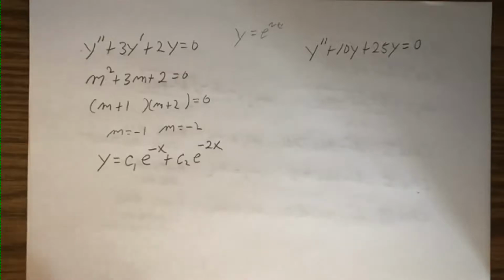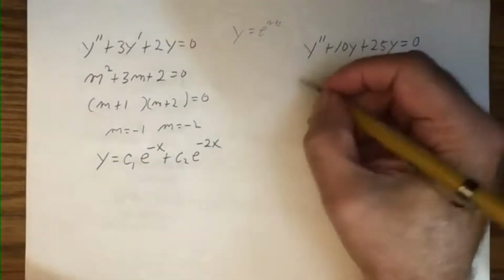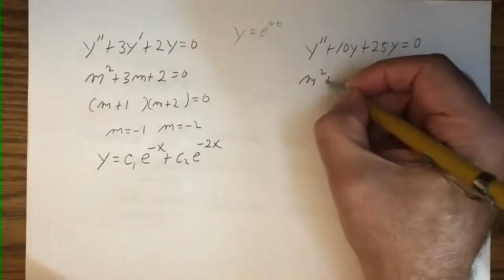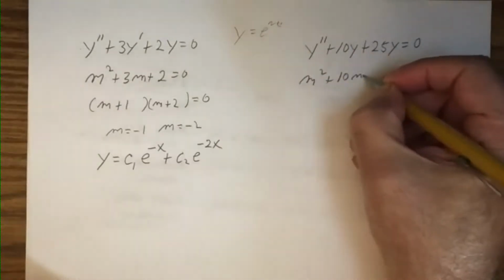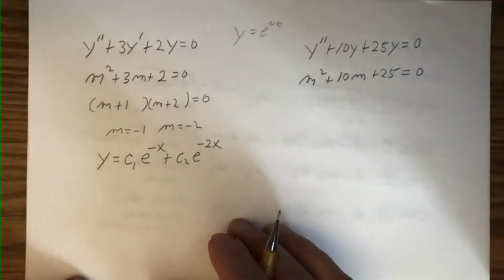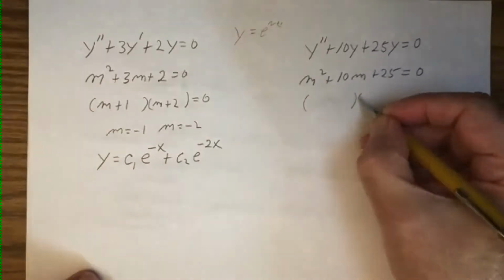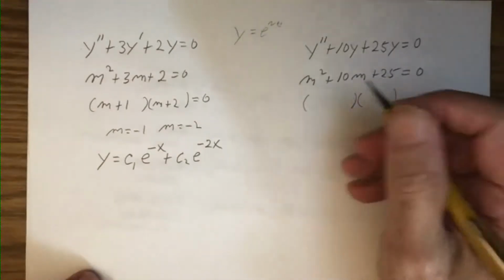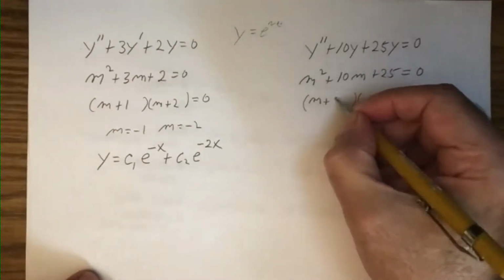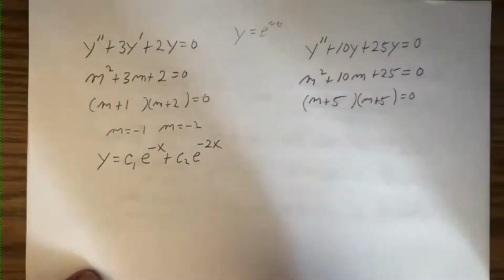All right, let me go ahead. So in this case, just to get practice, I can immediately say that this is m squared plus 10m plus 25 is equal to 0. Okay. And this is factorable into m plus 5 and m plus 5 equals 0, right?